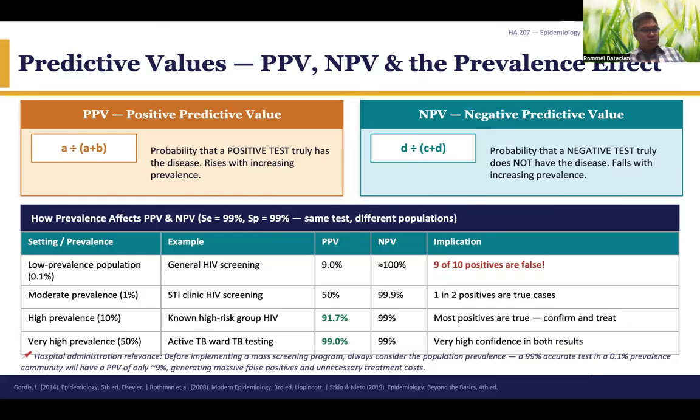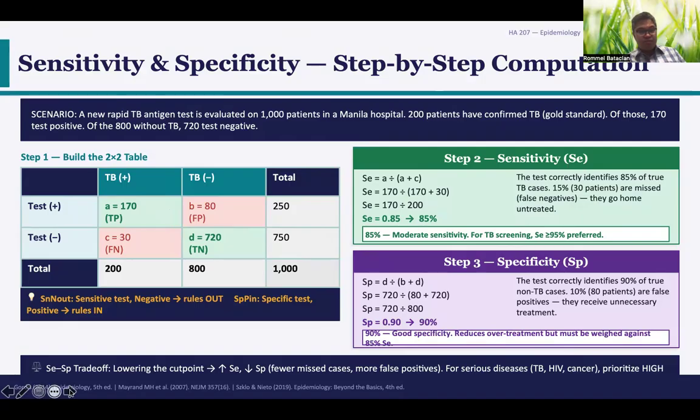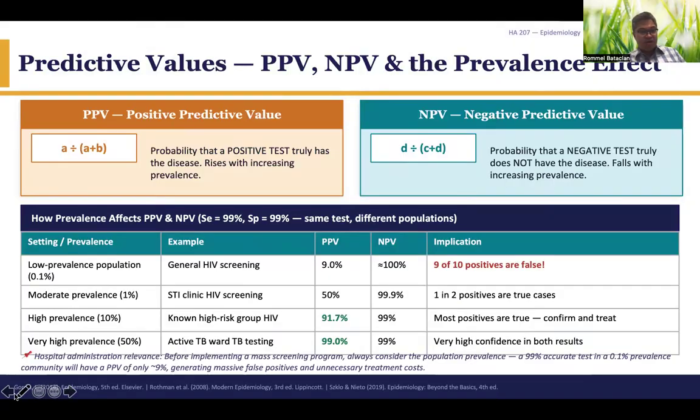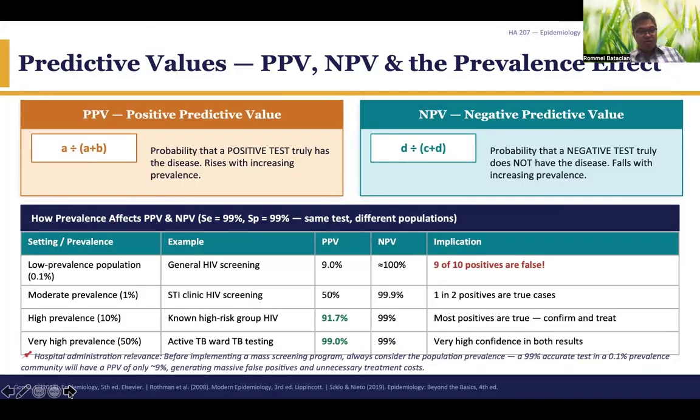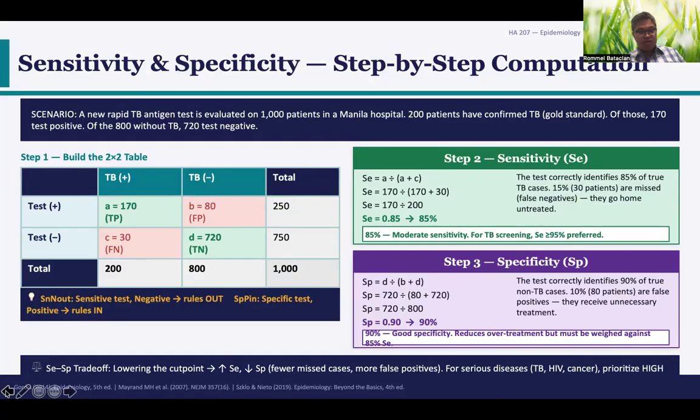So you can compute the positive predictive value and negative predictive value. Going back here, the positive predictive value is, again, of all the positives on the test, how many really have the disease. So A divided by the sum of A and B. Meanwhile, the negative predictive value is how much of those who are negative on the test really do not have the disease.